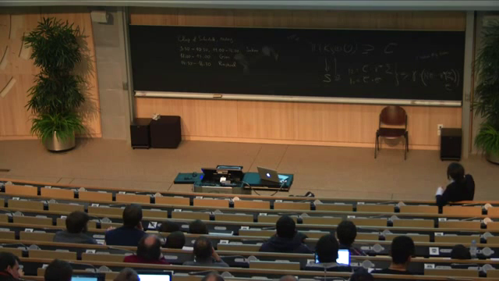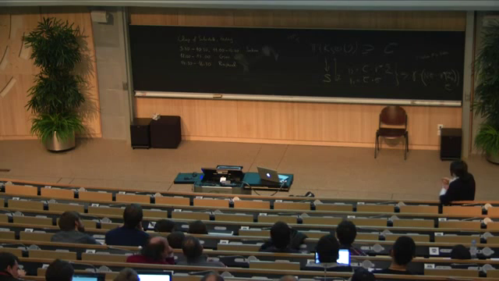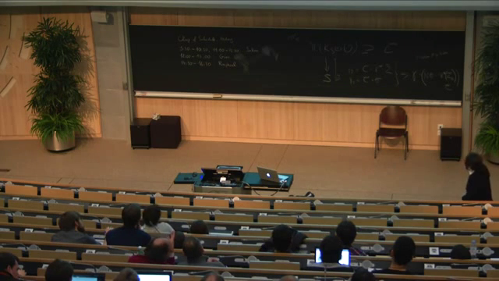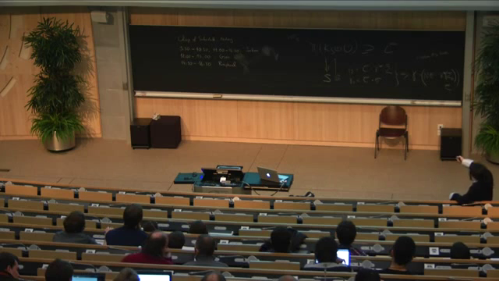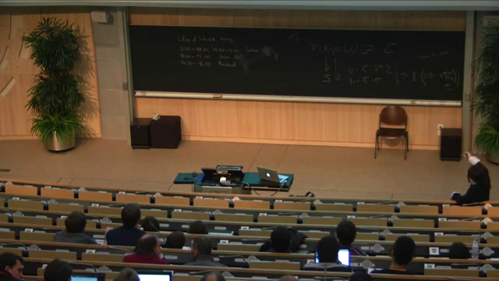Or we can embed this directly in some weighted projective space, P^{1,2,3}. And these kinds of spaces are Calabi-Yau spaces because these are really sections of the anti-canonical bundle. And by adjunction, the normal bundle is also the anti-canonical bundle. So the total canonical bundle of this hypersurface is actually trivial.